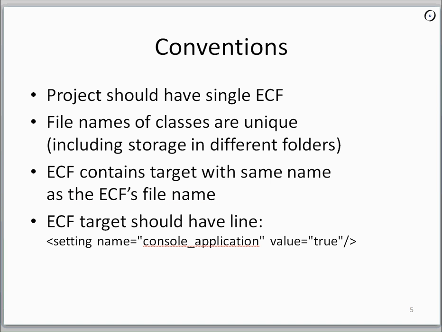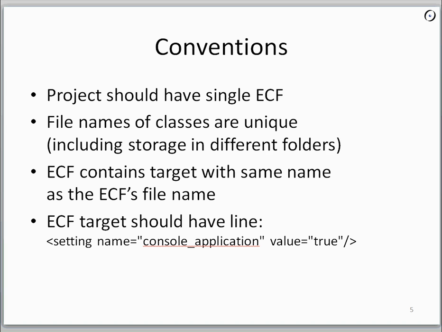Okay, so there are a few conventions at the moment to make this all work. The one is your project should only have a single ECF file. If you have multiple, then only the last one that is scanned, seen by the server, will be used, and the other ECF files will be ignored. The Eiffel files should have unique class names. Otherwise, it gets a bit complicated to make sure that this is working correctly.